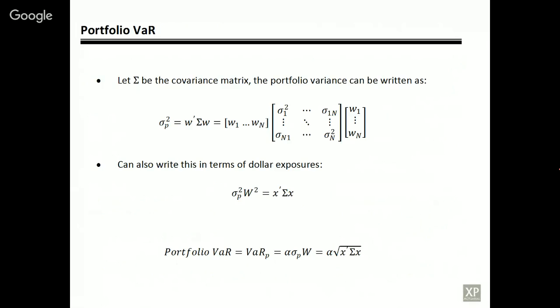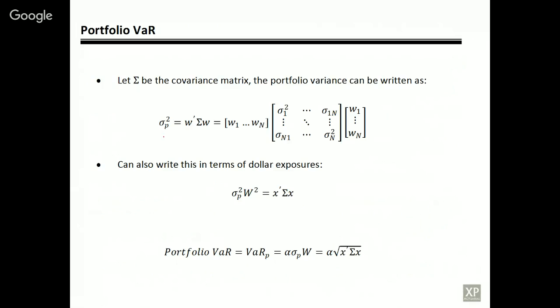Next, we'll cover portfolio VAR. So we let sigma be the covariance matrix between n assets. And then the portfolio variance, or sigma p squared, is equal to W prime sigma W, where W is our portfolio weights. So what is the weight of each of the n assets? And sigma is our covariance matrix with variance terms down the diagonal and covariance terms along the off-diagonal terms.